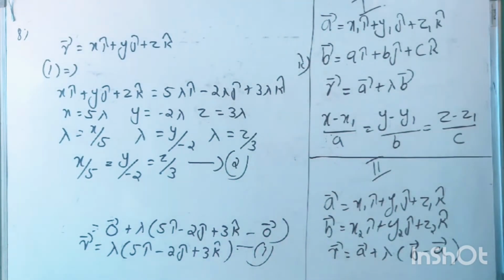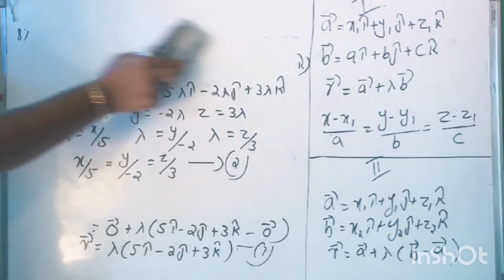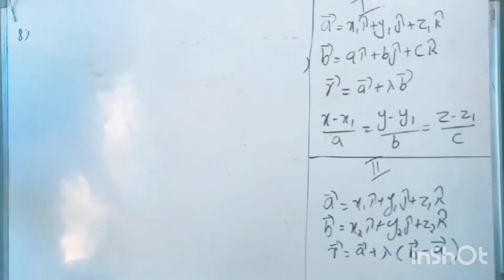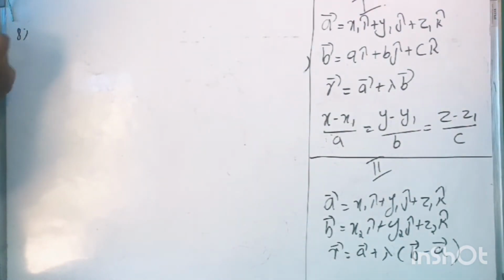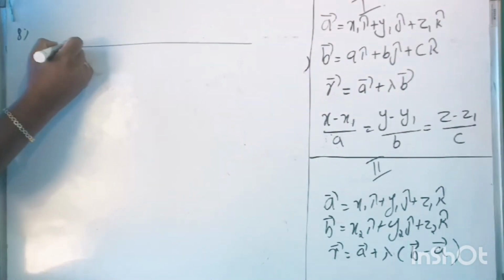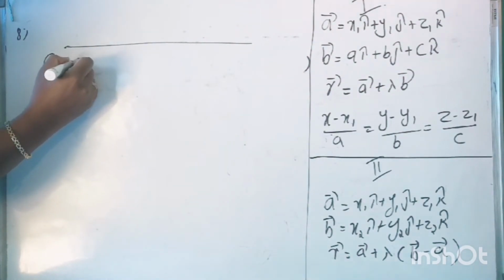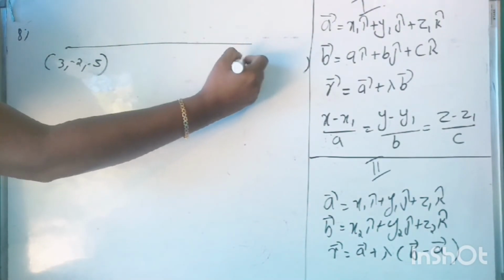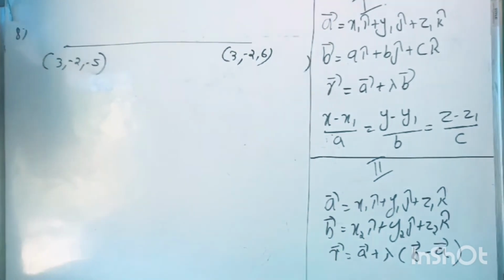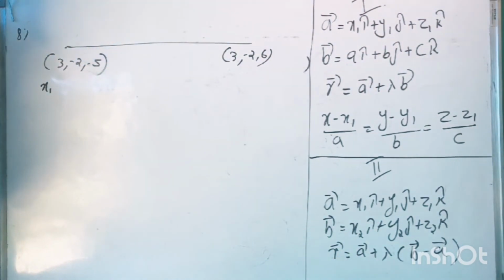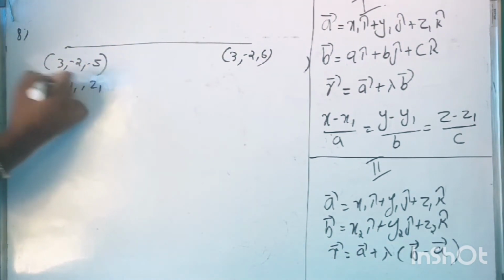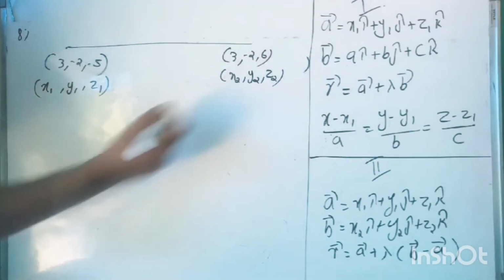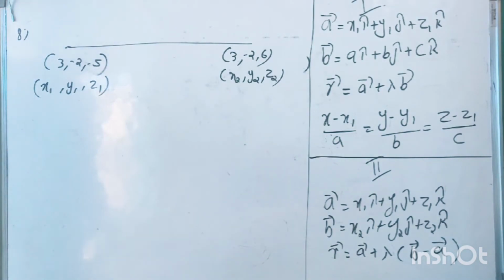In this case also 2 points are given. The first point is 3, minus 2, minus 5. The second point is 3, minus 2, 6. So this is x1, y1, z1 and this is x2, y2, z2.